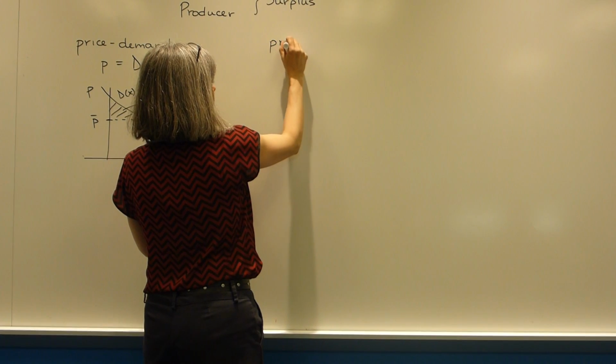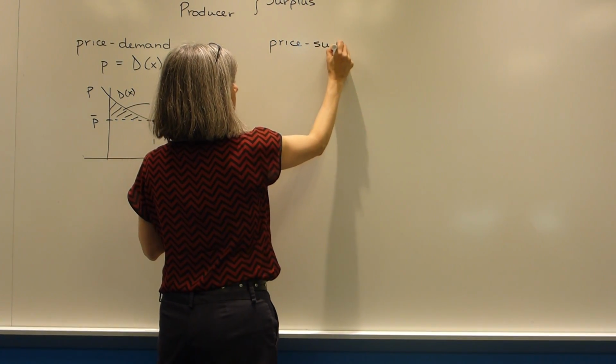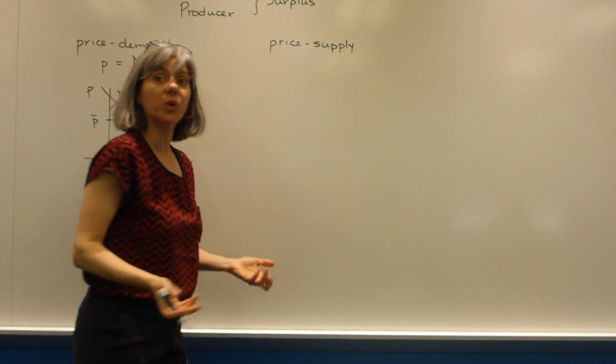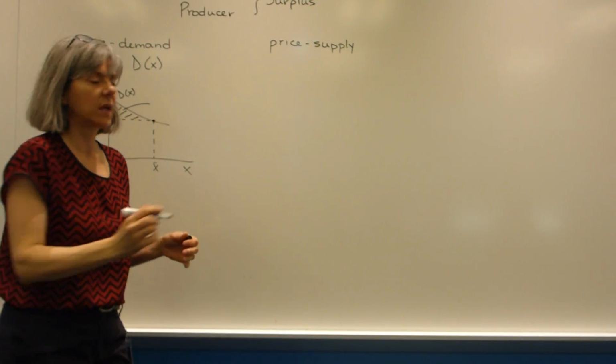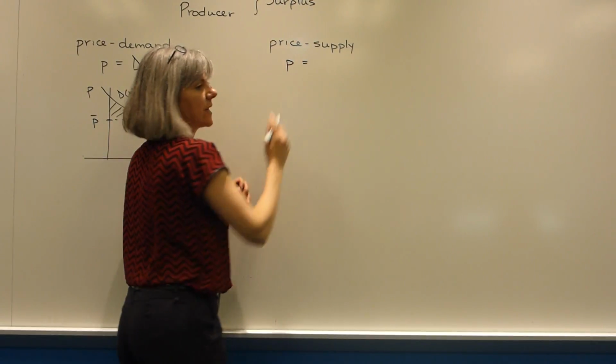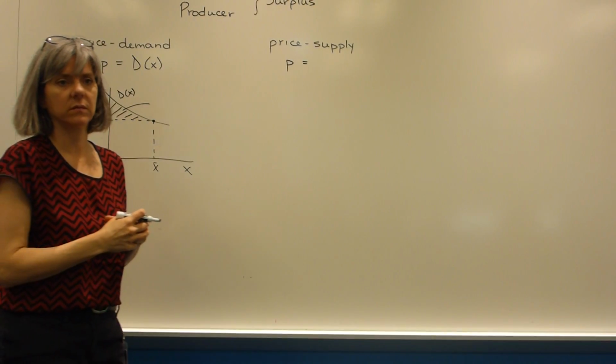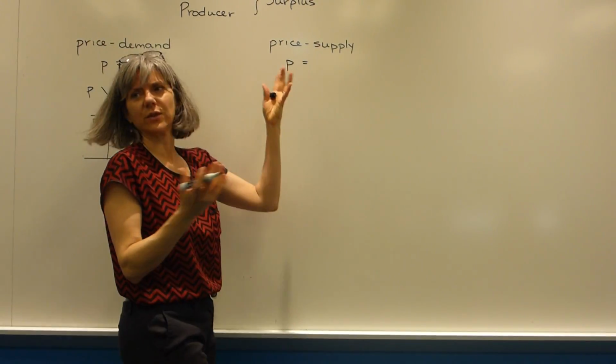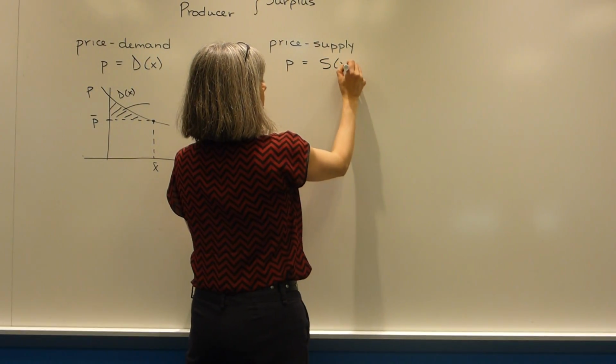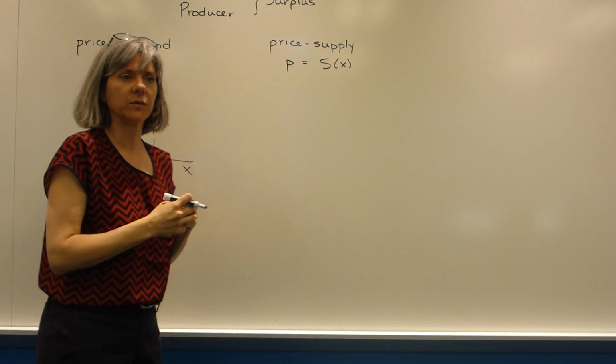It has a price-supply equation. It's still price, and it's still number of items. So we're still going to say P equals, but now instead of D of x, what should we call it? S of x, S for supply, yes. So S of x, and whatever that is, equals P.